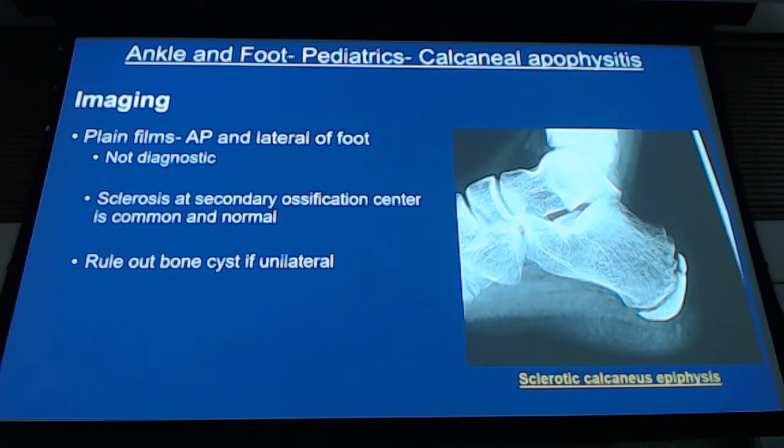If you find it on one side only, remember both heels have an apophysis, right? They have a secondary growth center. So if you find it on one side, then you might start questioning your diagnosis and start looking at other things, to include bone cysts or even fractures.